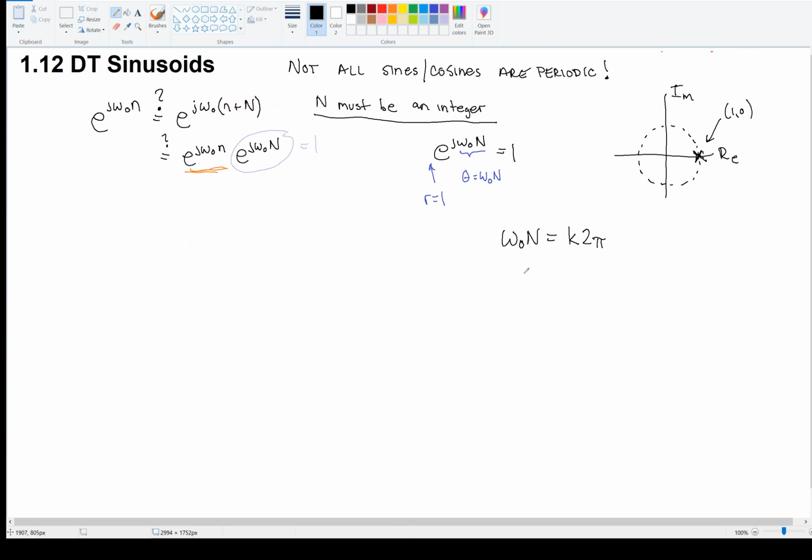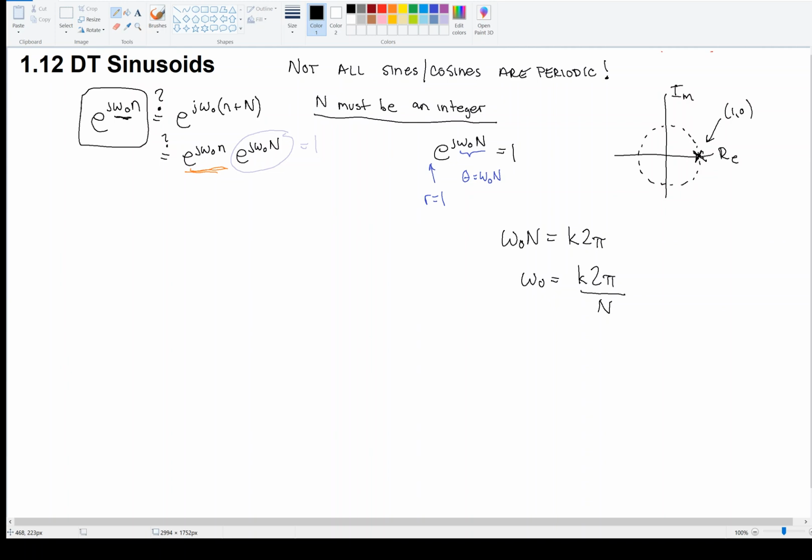So omega 0 would need to be k 2 pi over N. So that means the original signal is only periodic if I can find an integer k and an integer N such that k 2 pi over N is equal to whatever value is here, this omega 0.